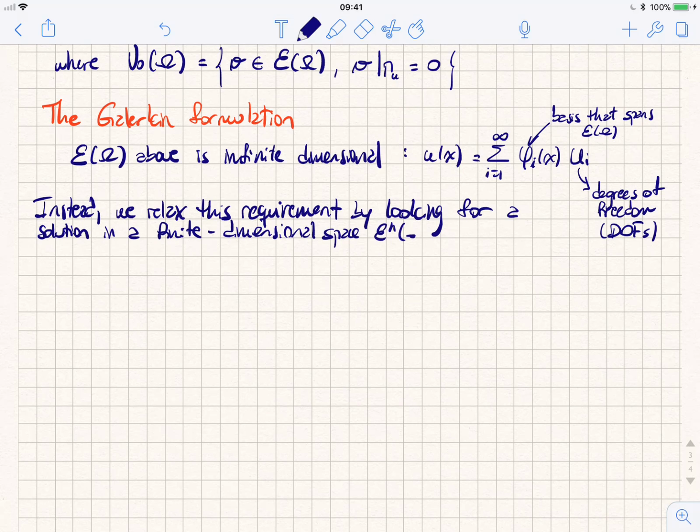And normally, when you see we're already talking about finite dimensional, you're going to have the superscript h. That means that you are already in a finite dimensional space.